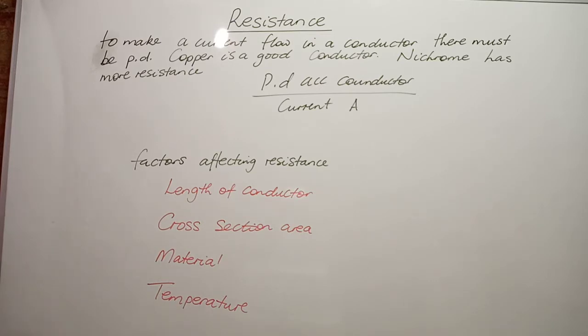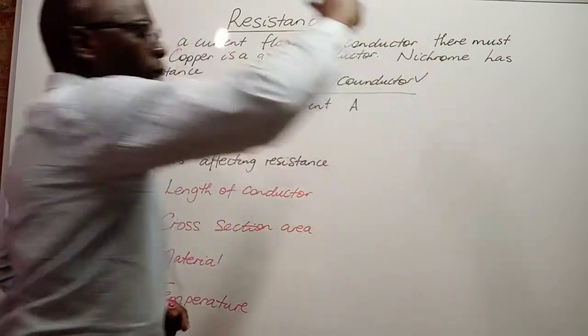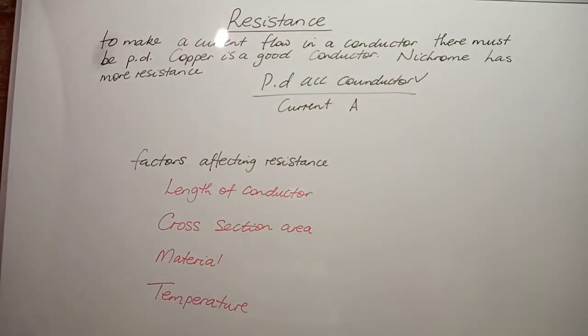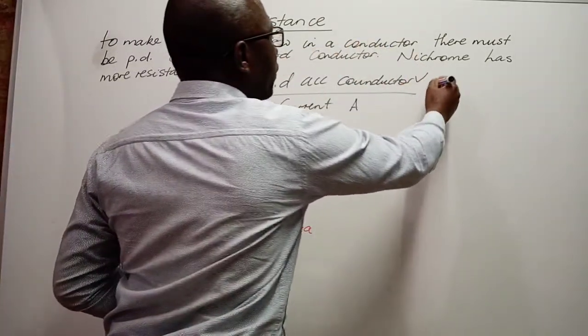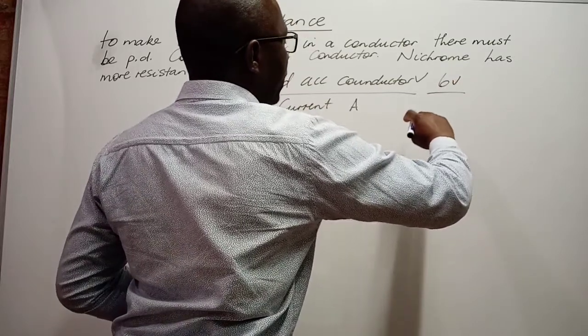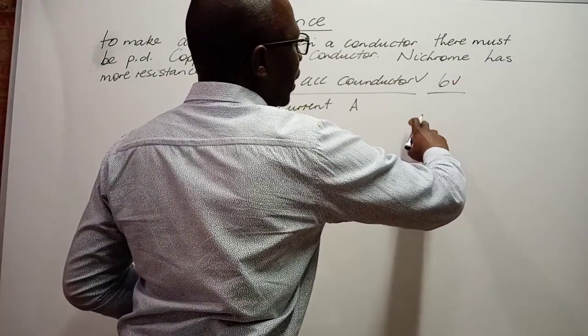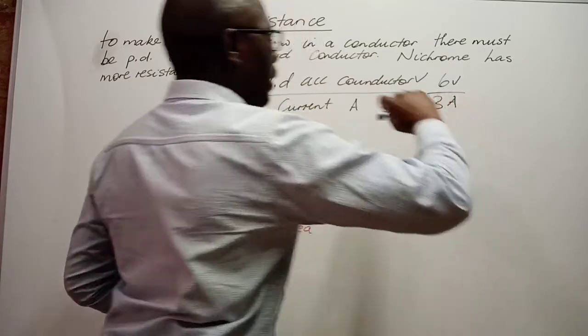So let us say that the potential difference across a conductor, let's remember that this is in volts, right? Let us say that we have measured the potential difference across a conductor and it is 6 volts, and the current that is flowing through the conductor is 3 amperes, right?